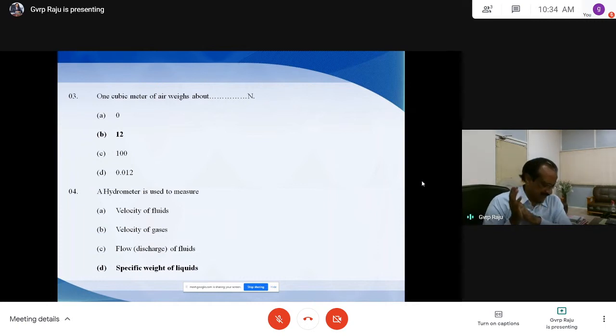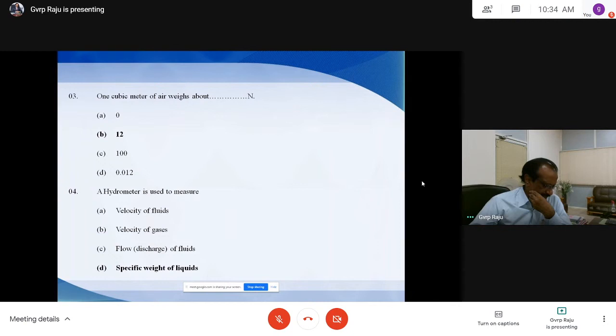So the specific gravity of air, specific weight, not gravity, specific weight is 1.225 kg per meter cube, and we can multiply with 9.81 to get it in newtons.